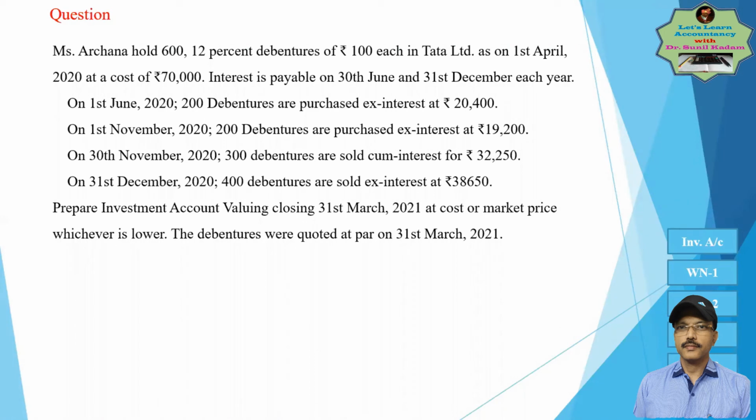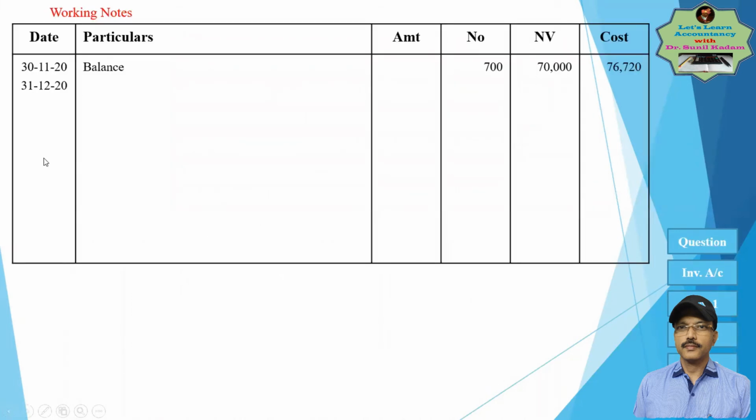Let's find out the profit or loss on the sale. For that purpose, we have to go to the working note and record the sales on 31st December. Sale is 400, ex-interest price, so we record the amount given there, 38,650. 38,650 is the price, but we are selling 400, and we need to find out the cost of this investment, because it is an ex-interest price.